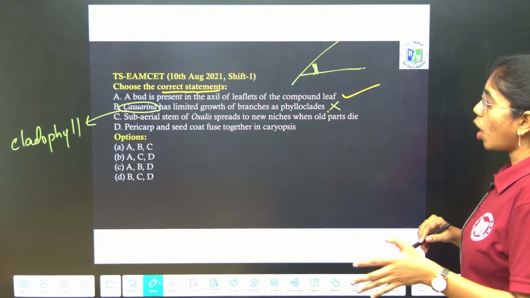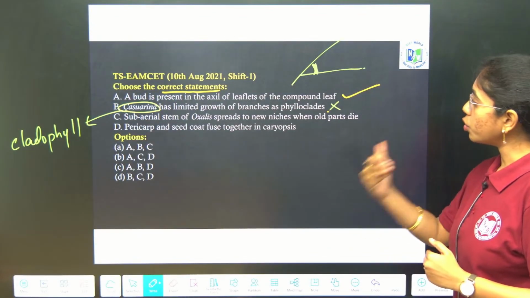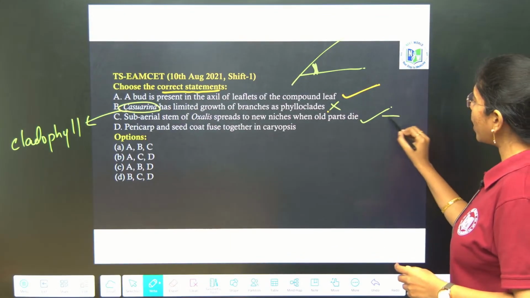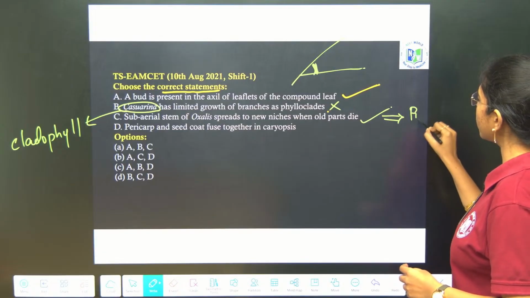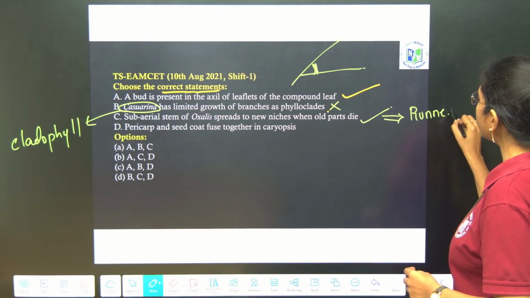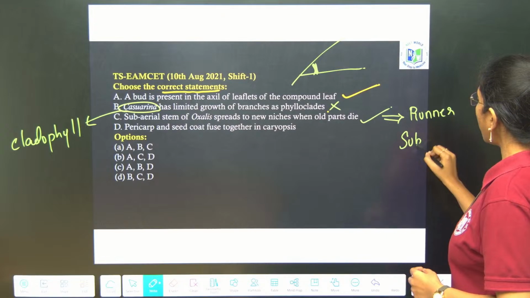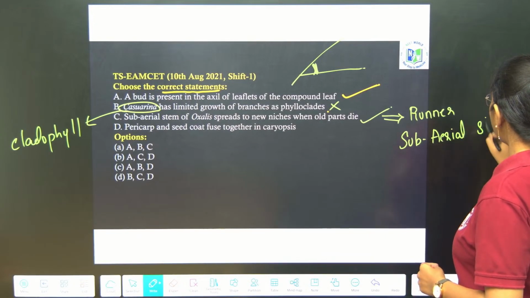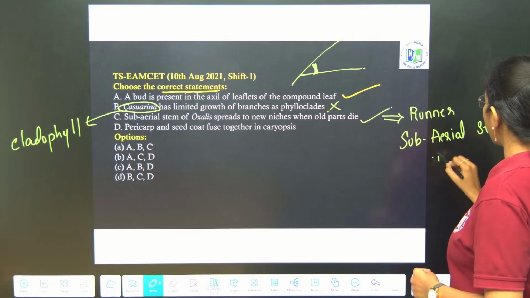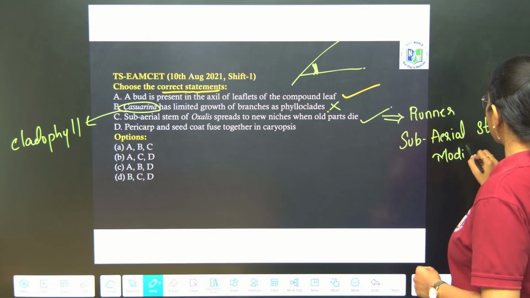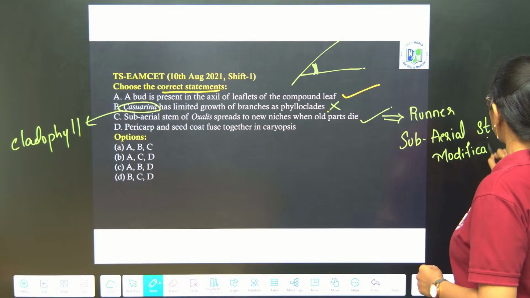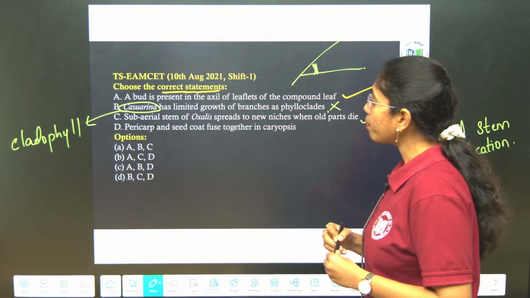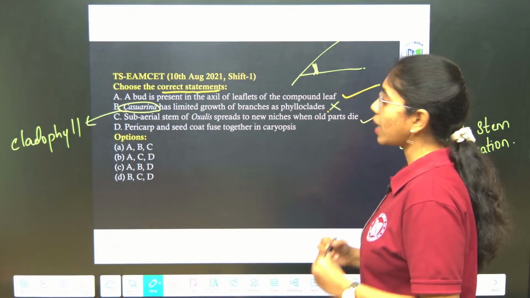Subaerial stem of oxalis spreads into new niches when older plant parts die. True. This is subaerial stem modification, which is runner. Clear, right? Next, pericarp and seed coat are fused in Caryopsis.